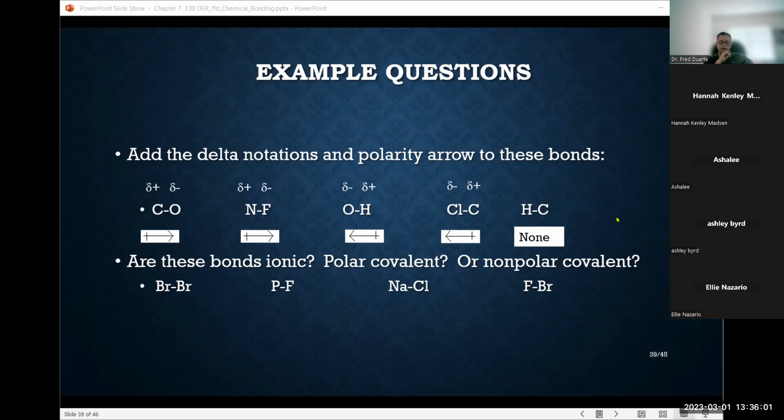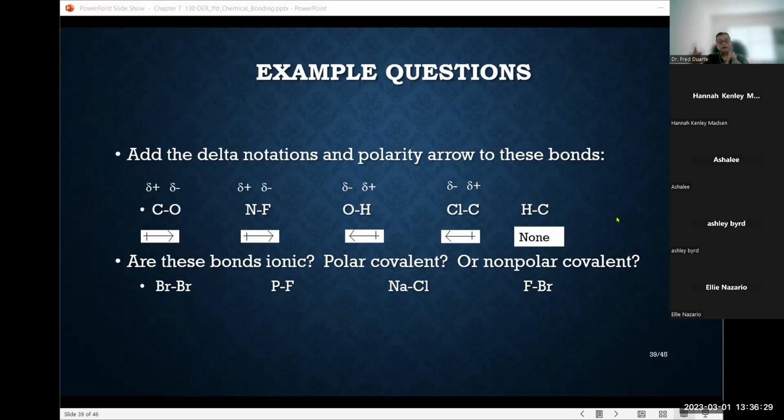So what do you think about the bromine-bromine bond, the very first one? Is it an ionic bond? Refresh your memory. Remember, there's two types of bonds, ionic and covalent, and there's a criteria for each one to identify who's ionic and who's covalent. So is the bromine-bromine ionic or covalent? Covalent, exactly.